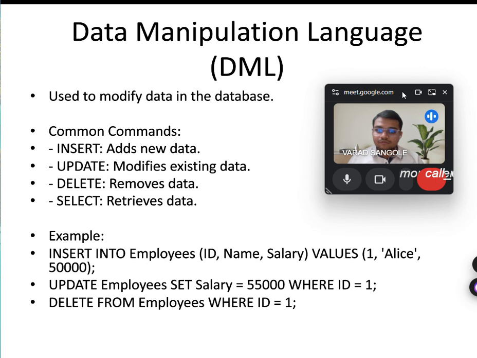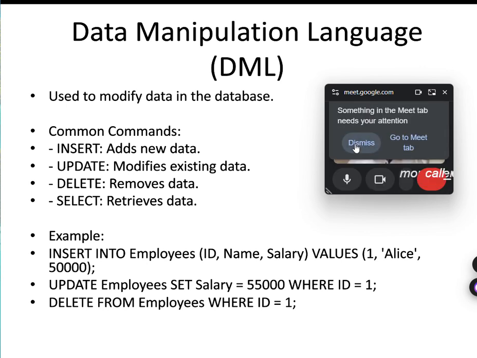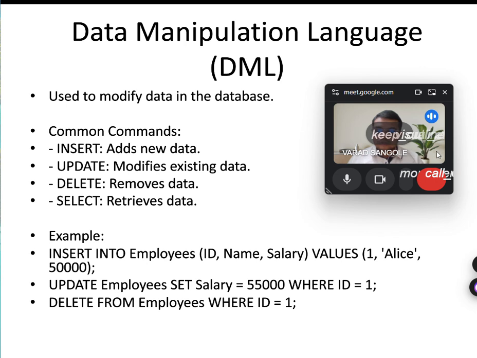Here we are using the where keyword, where ID is equal to 1. The where keyword is basically used to refer to a particular row.